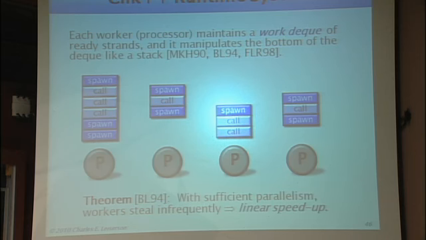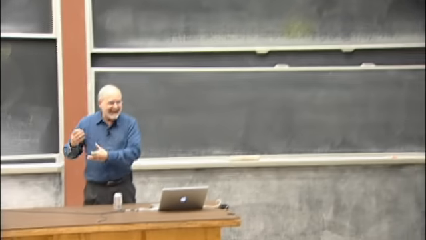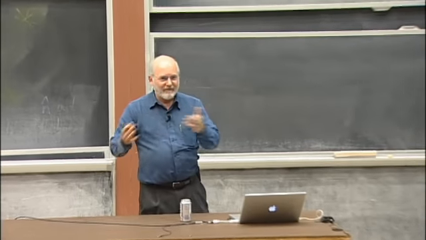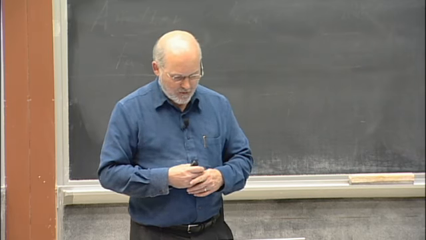Just as with greedy scheduling, make sure you have enough parallelism, because then the load balancing is a small fraction of the time these processors are spending executing the code. Whenever it's doing things like work stealing, it's not working on your code, making it go fast. It's doing bookkeeping and overhead, so you want to make sure that stays low. Any questions about that?